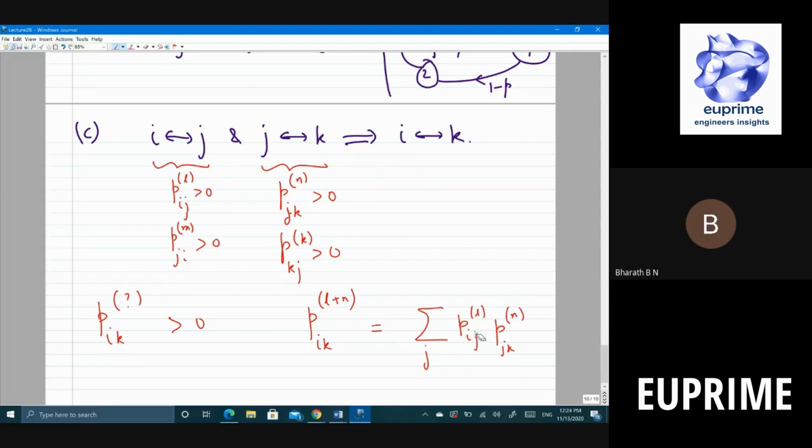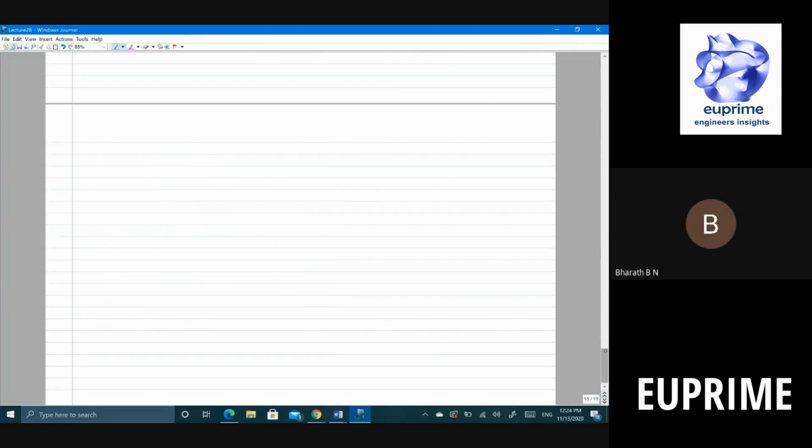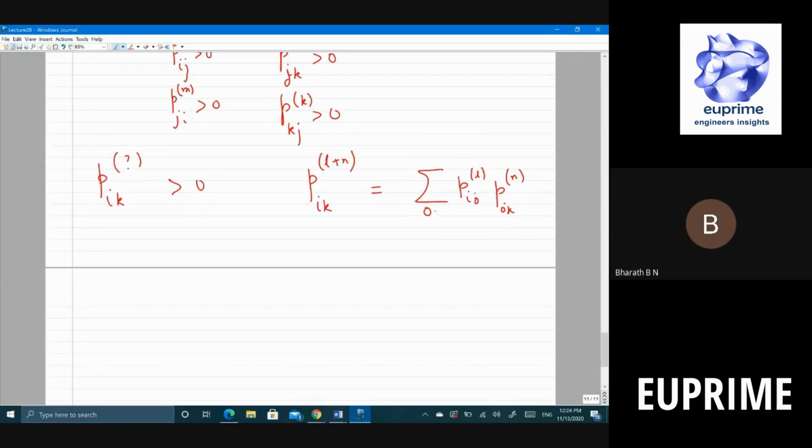Well, just to avoid the confusion in notation, let me call it o. Okay, o is some in-between state. But definitely I'm summing over all states o, but one of them is j, right? Do you agree? There will be something like Pij in L step, Pjk in n step. This will be one of the terms in this summation. Do you agree? Yes, sir.